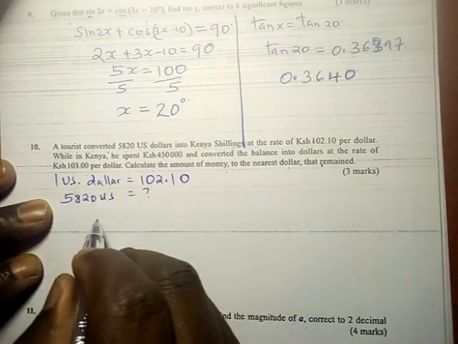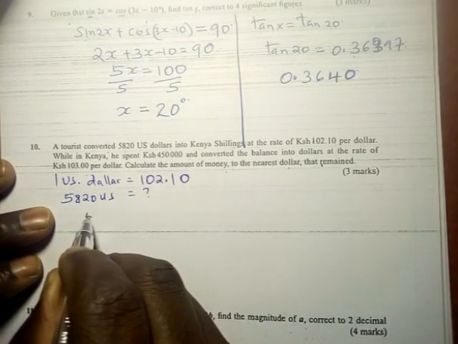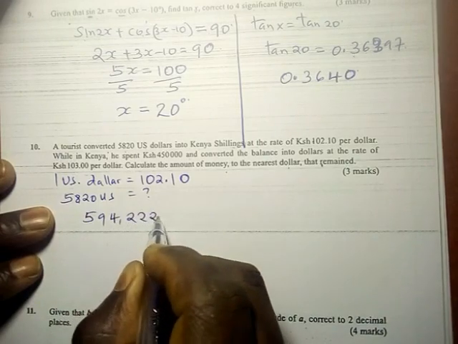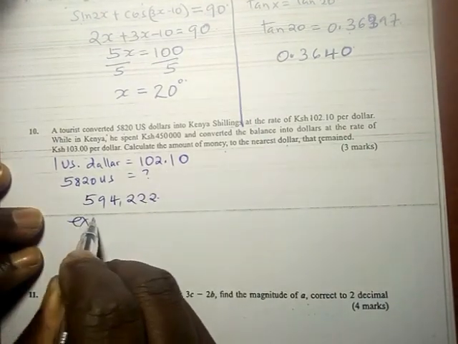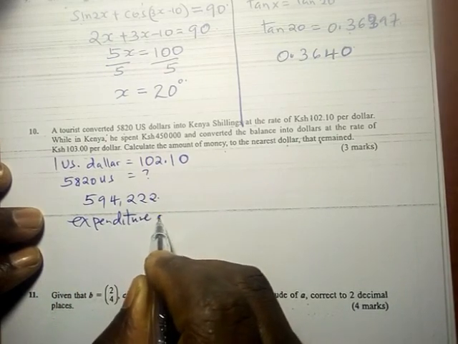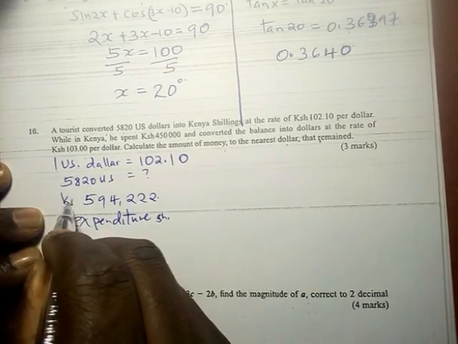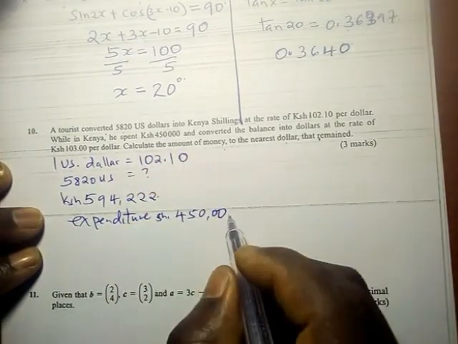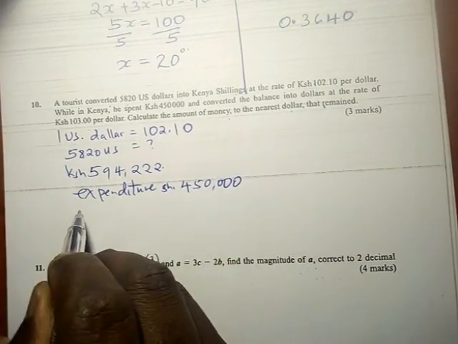This time is divided by this. It will give us 594,222. So expenditure was Kenya shillings 45,450 here.